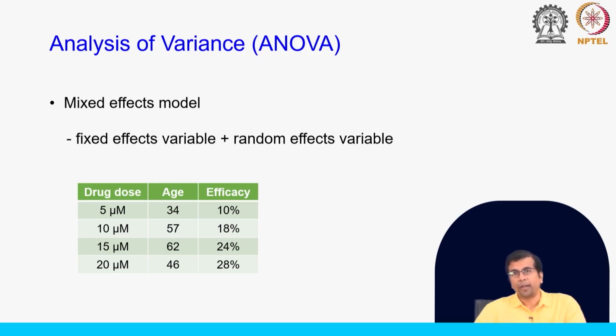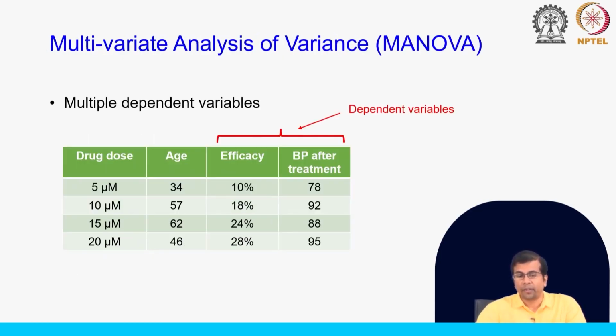So, MANOVA is an extension of ANOVA. In ANOVA we are trying to predict the effect of independent variables on one single dependent variable. This efficacy is the single dependent variable in this data. We can have multiple dependent variables, and this is when we will do the MANOVA, which is the multivariate analysis of variance.